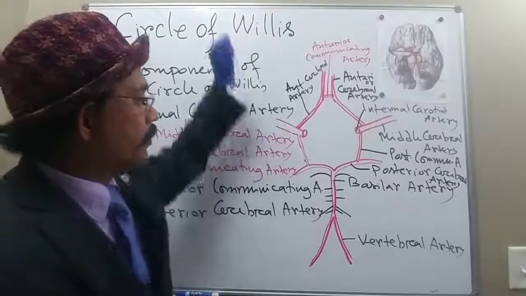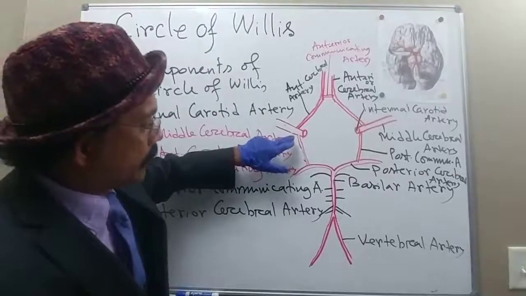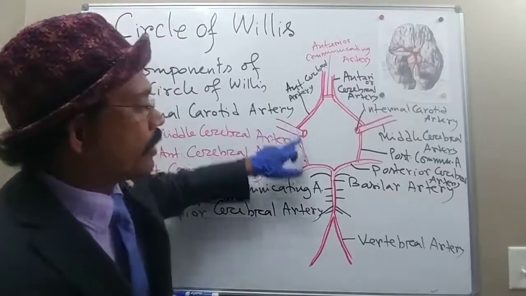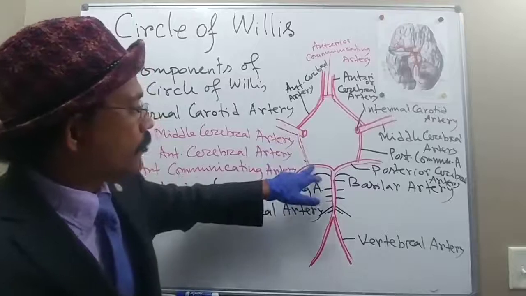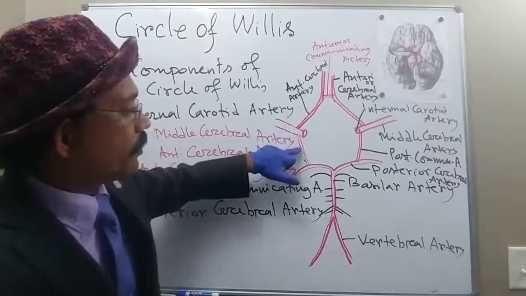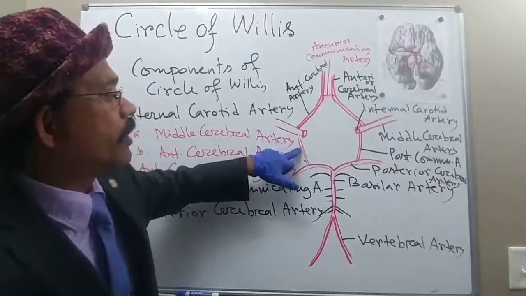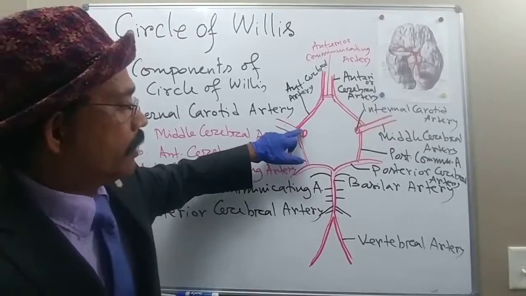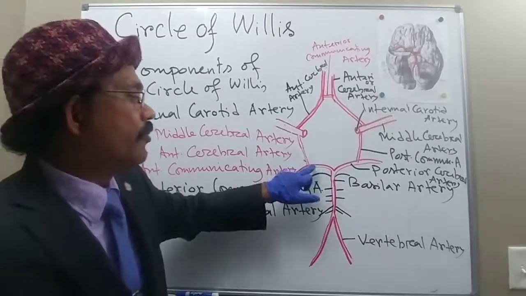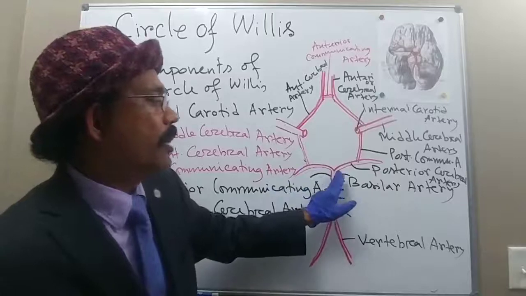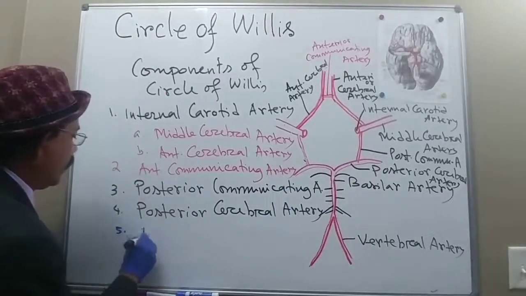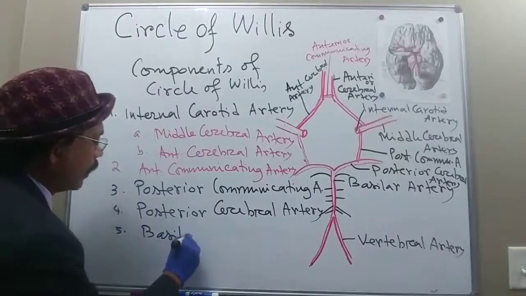We have another branch that connects the internal carotid artery to the posterior cerebral artery. This is the posterior communicating artery. The posterior cerebral arteries are branches of the basilar artery.